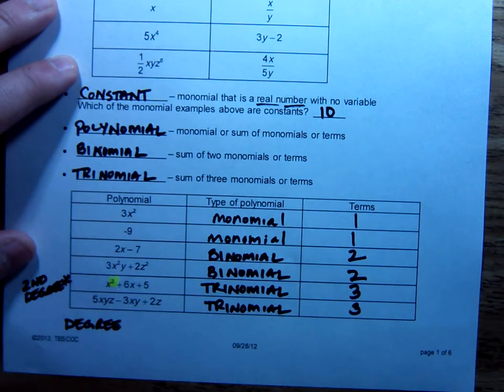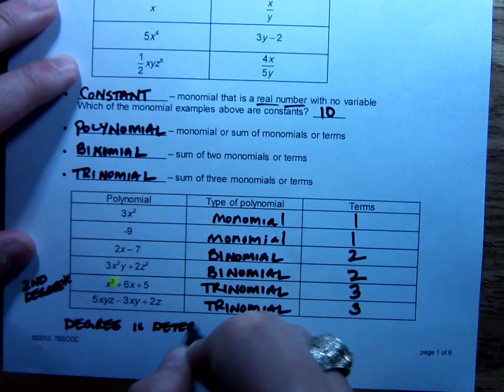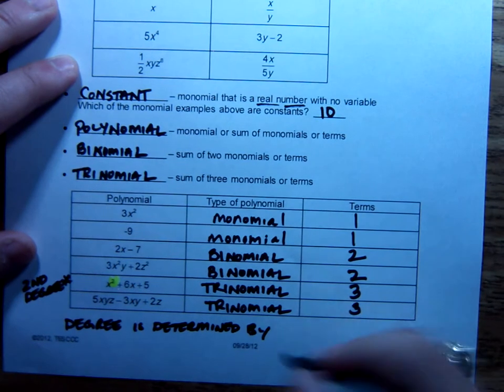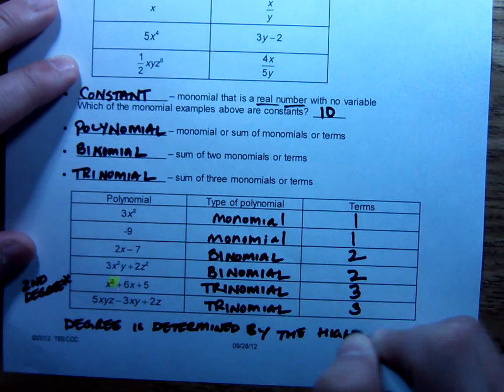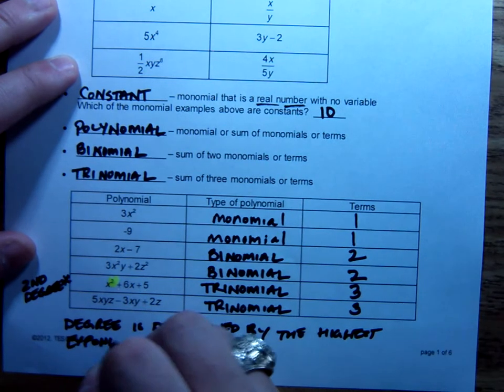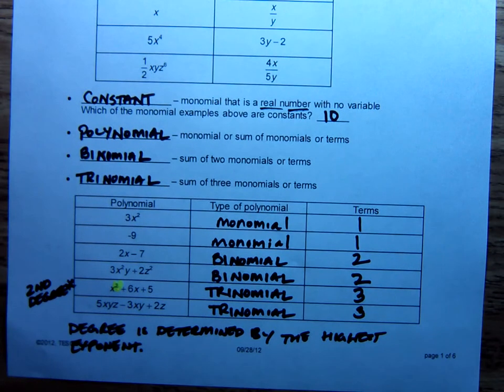Okay? So the degree is determined by the highest exponent. Now, it doesn't have a lot of practical applications as far as the degrees and all that other stuff, but it's good information to have.